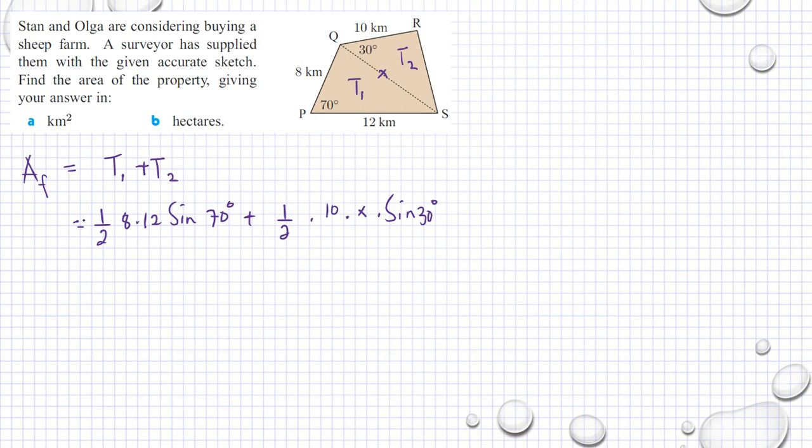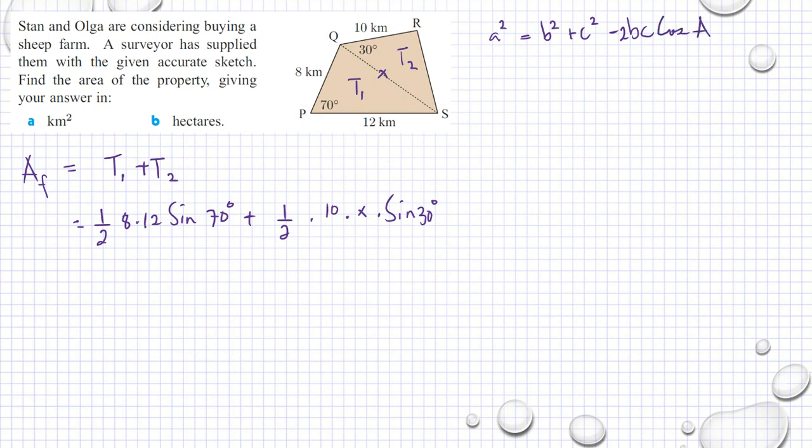cosine rule. So cosine rule says a squared is equal to b squared plus c squared minus 2bc cosine a.